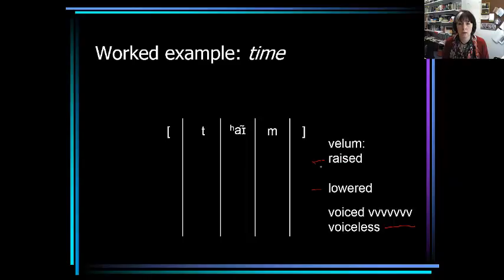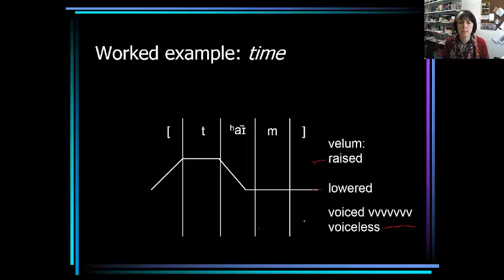So if we're looking at the movement of the velum, we start from the rest position. The velum raises because I have an obstruent consonant there, and then during the production of the vowel it lowers, and it's lowered by the time we get to the production of the nasal consonant, and it remains lowered after I've finished articulating the word.